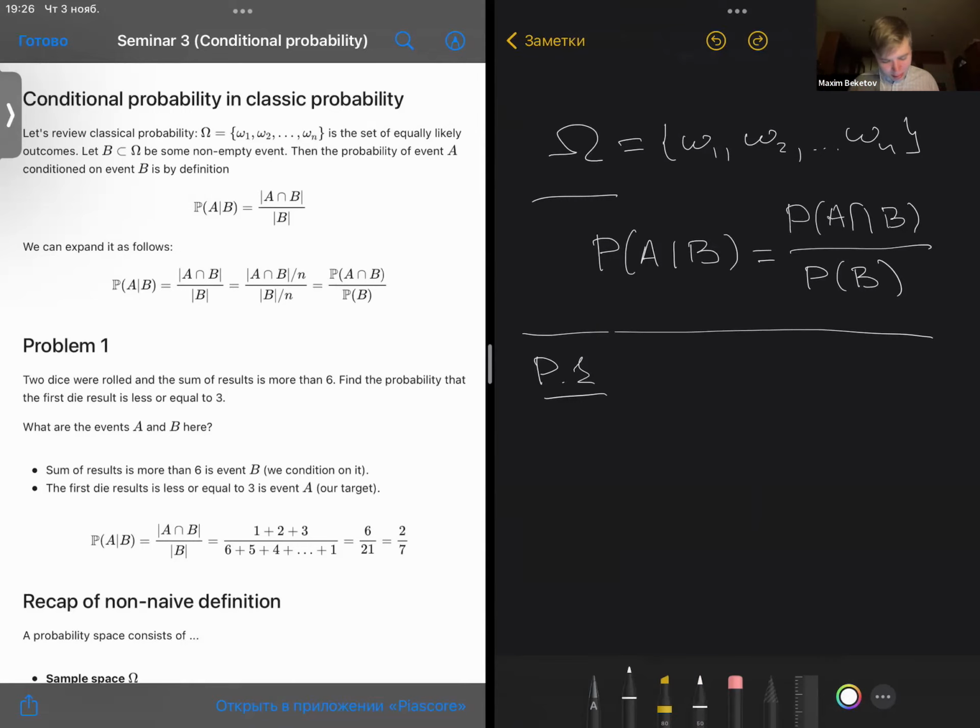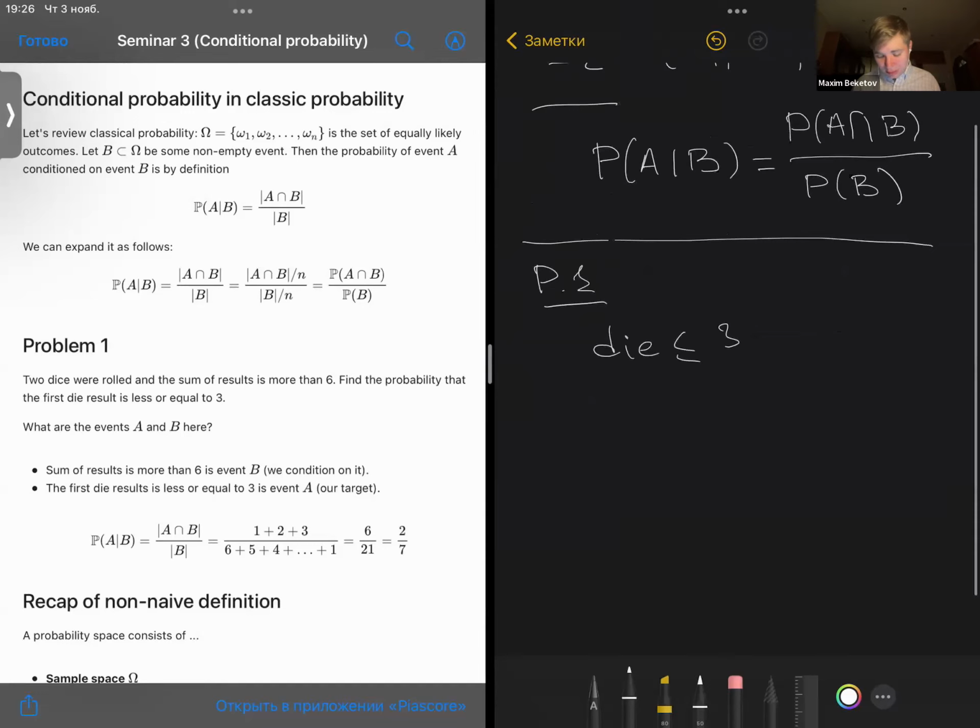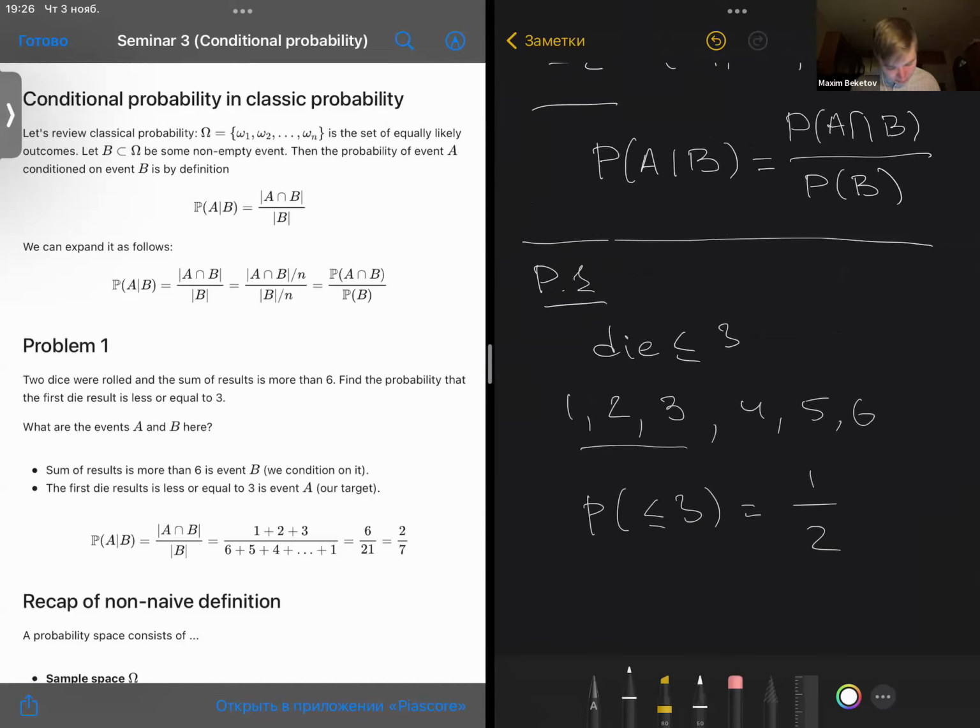We roll the die, and out of all 6 possible outcomes, the die being less than or equal to 3 happens if we roll 1, 2, or 3 out of 1 through 6. Overall, P of that being less than or equal to 3 equals 1/2. Sorry, I got it too straightforward.